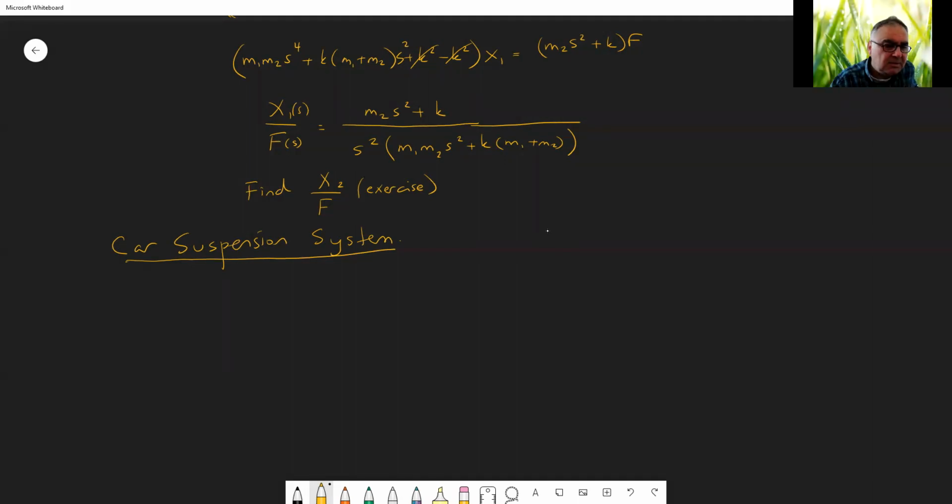Well, we will see how it helps us. We will eventually try to represent our systems in transfer functions so that we can put them in blocks like this, where f is the input, x1 is the output, and there is the transfer function, which we will call g of s.